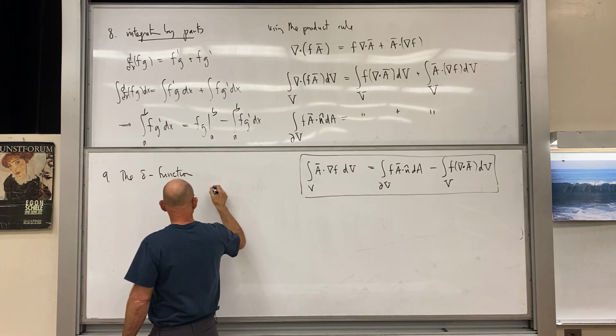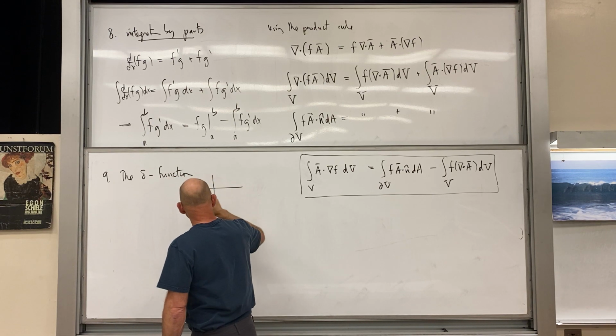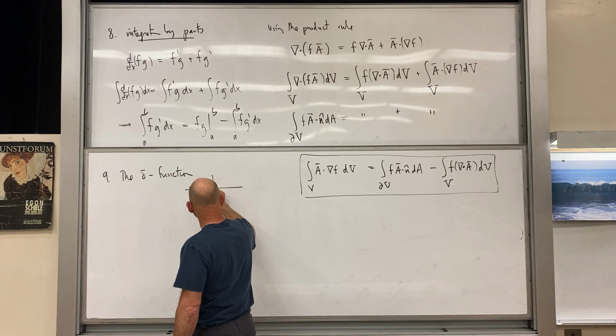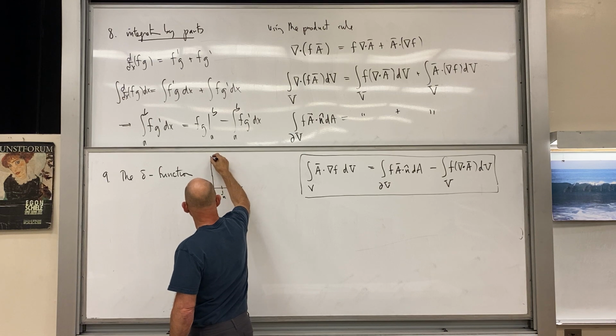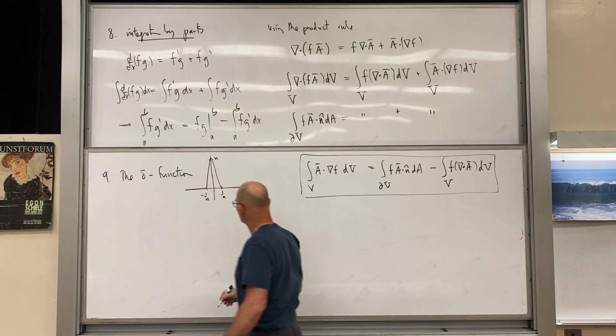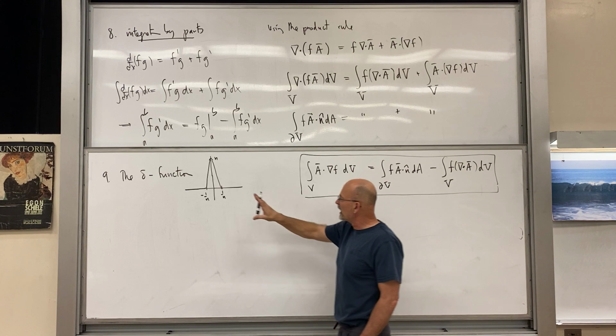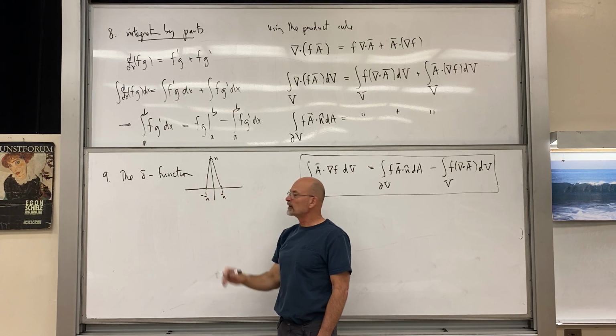You can start with something like this. Say you have negative 1 over n, and 1 over n here, and this function, I'm just going to draw a spike. So the area under that spike is exactly 1.